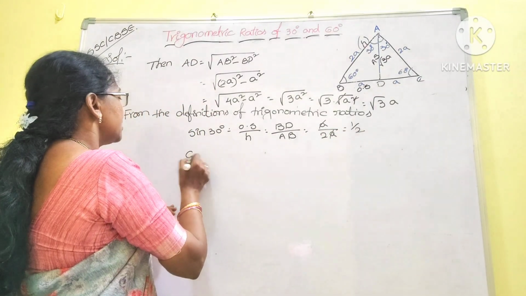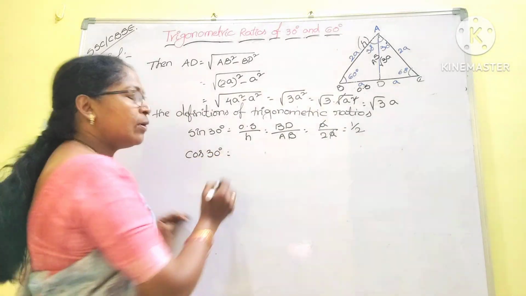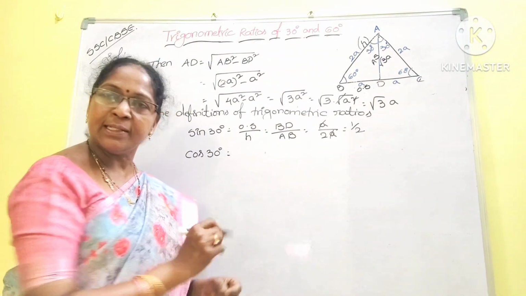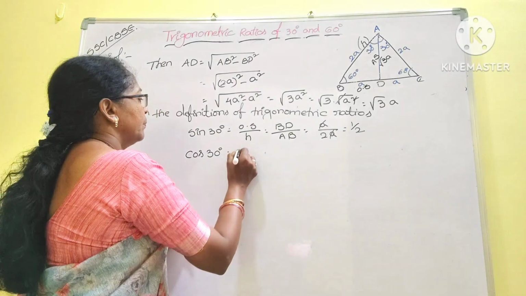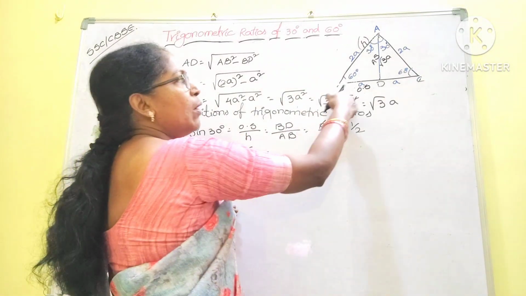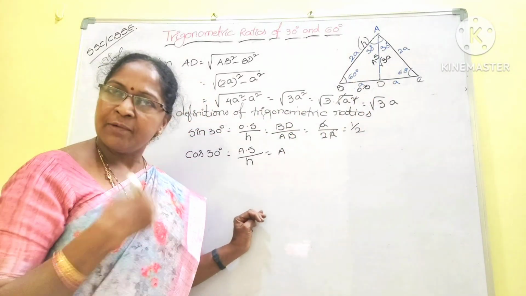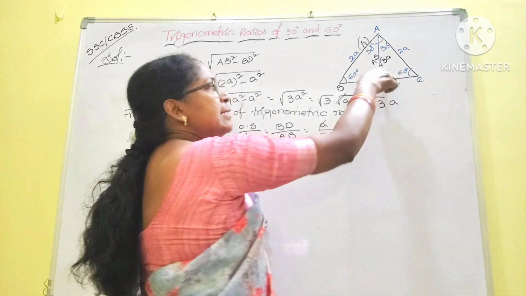Now, cos 30 degrees. Cos theta equals adjacent side by hypotenuse. What is the adjacent side in this right angle triangle? AD is the adjacent side.